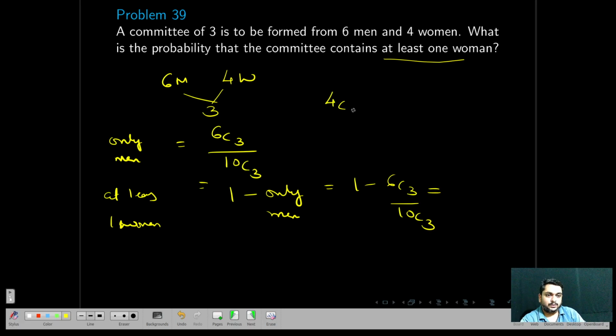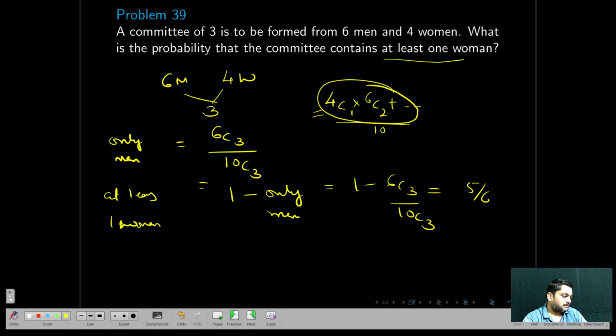Choose 4 women, 4C1 into 6C2 plus like that, divided by 10C3. You can do like that, but it is a little bit lengthier. So solve this kind of problems in permutations and combinations, choosing men and women. This comes out to be 5 by 6.